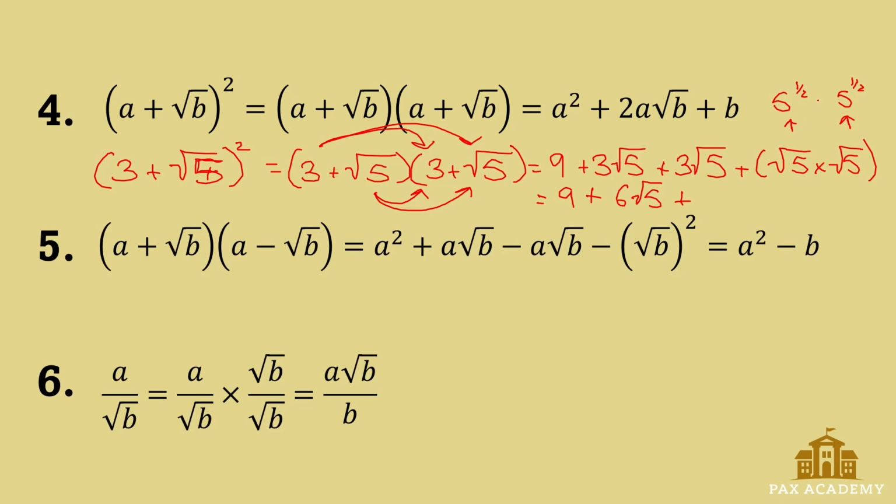And when we multiply these, we need to add the powers. So 1/2 plus 1/2 is simply 1. So we get plus 5. That's how you get this same result here. Excellent. Now let's look at rule 5.